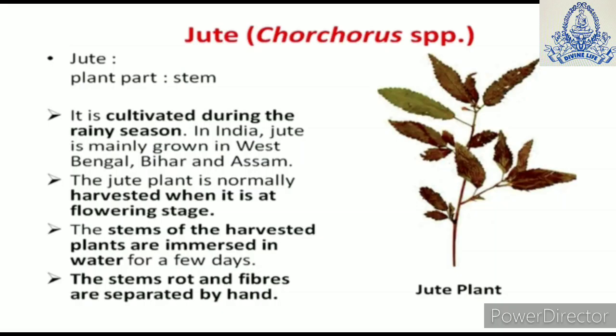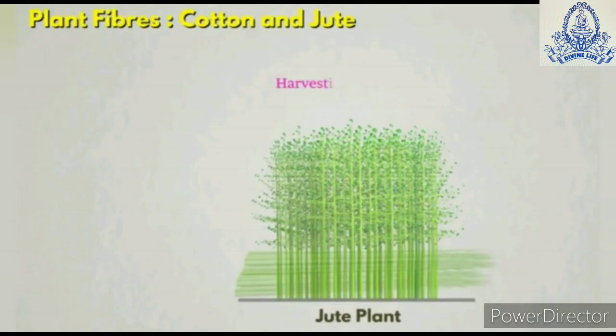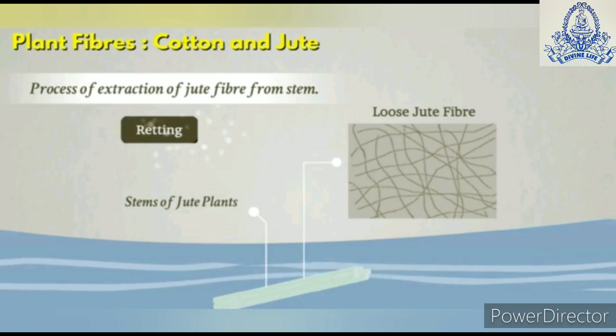Now we will take jute fiber. Jute fiber is a soft and long natural fiber. It is obtained from the jute plant. It is cultivated in rainy season. In India, jute is mainly grown in West Bengal, Bihar and Assam. The jute plant is normally harvested when it is at flowering stage. Fibers are obtained from the stems of the jute plant.